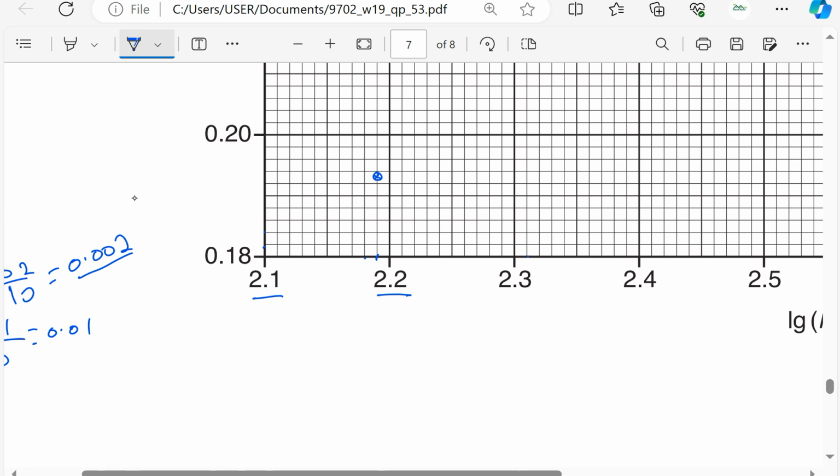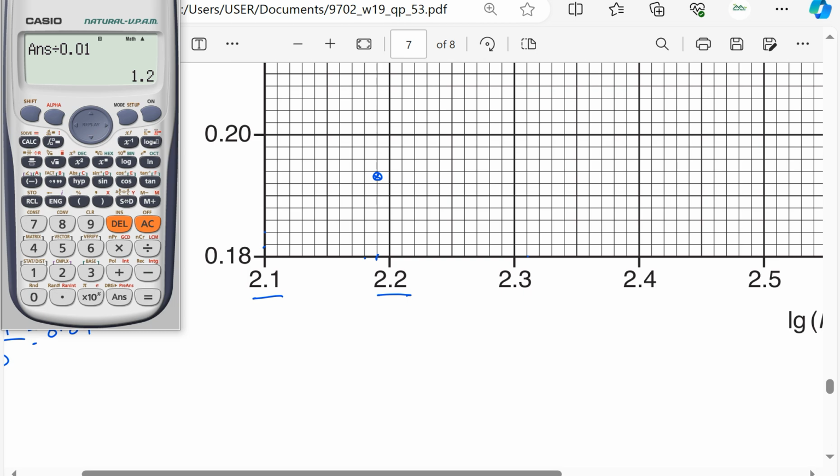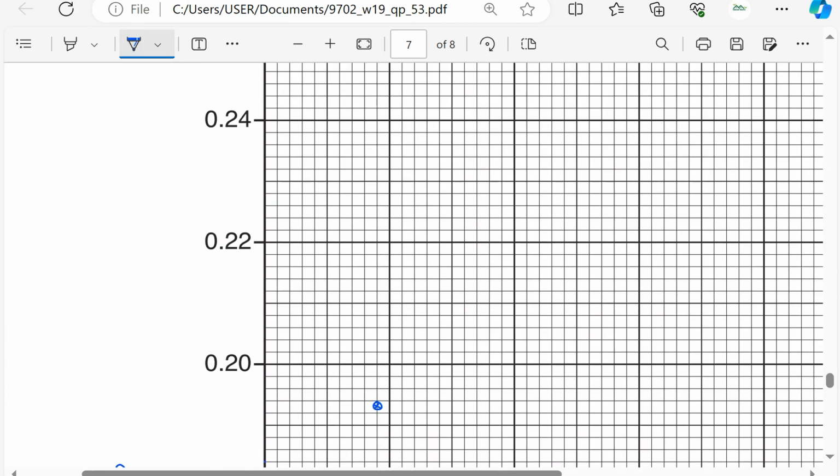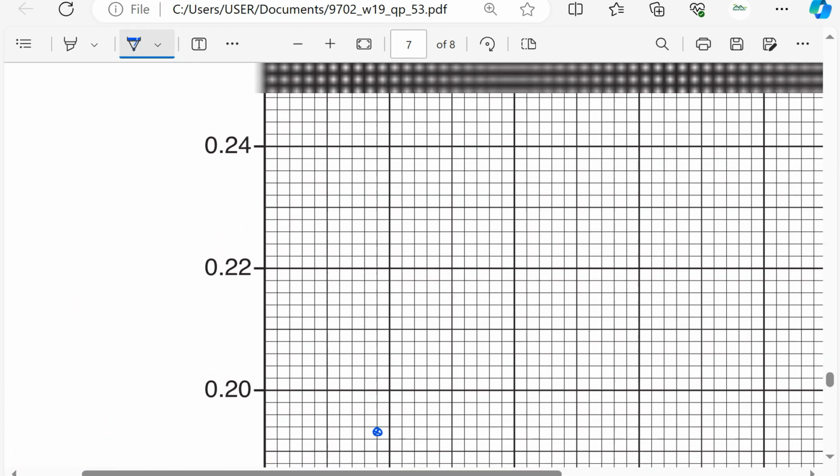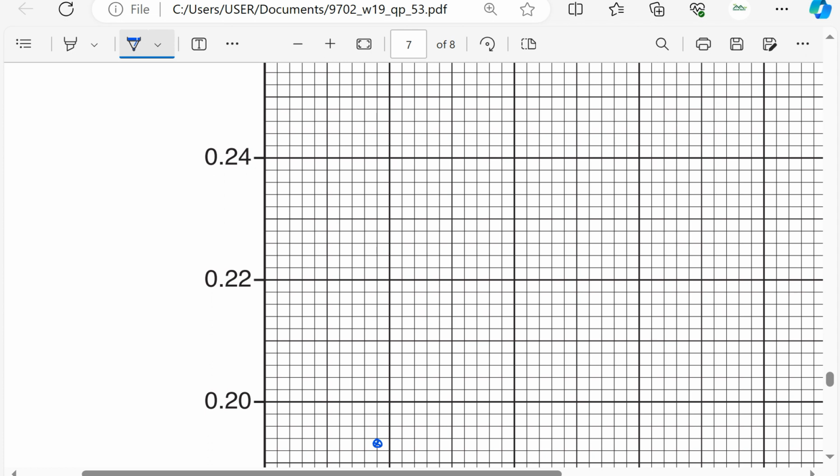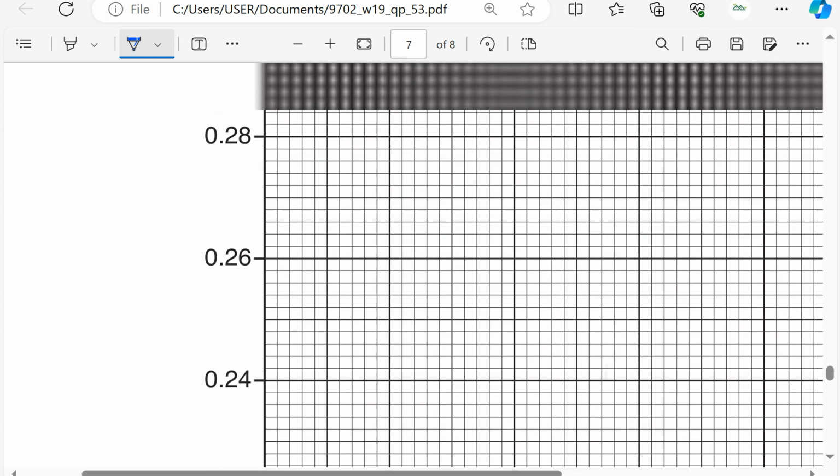Okay. Then on the y-axis, I'm plotting 0.253. So 0.253, 0.25, 0.253.